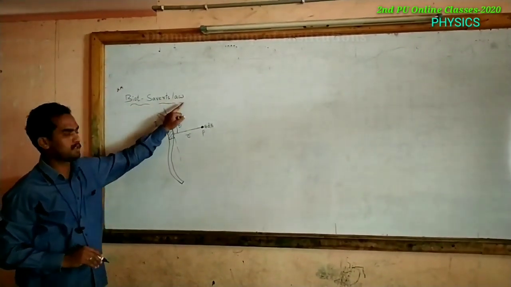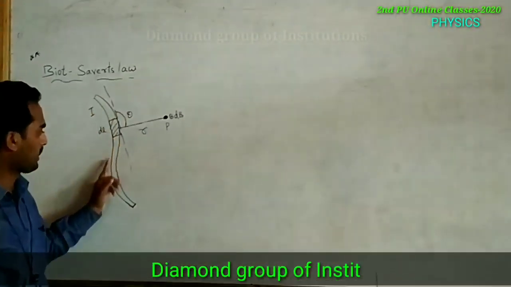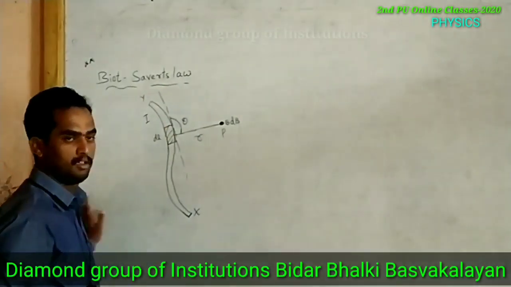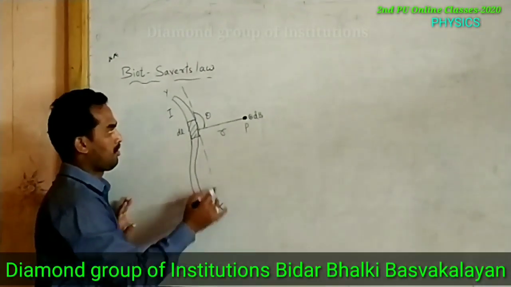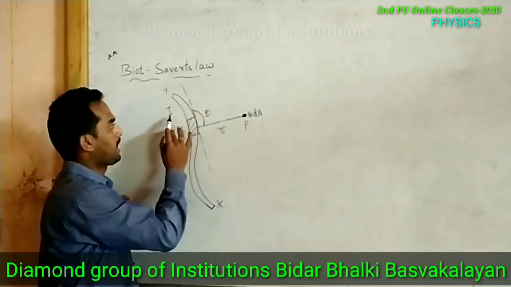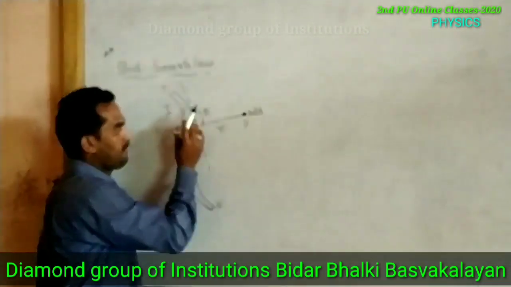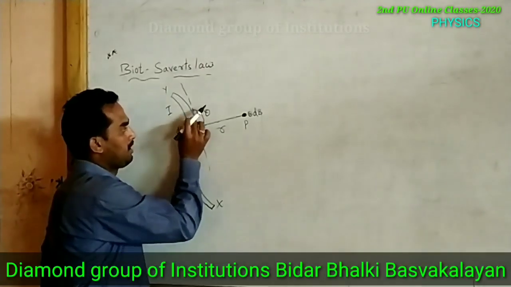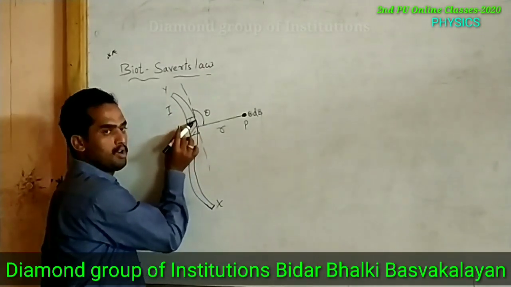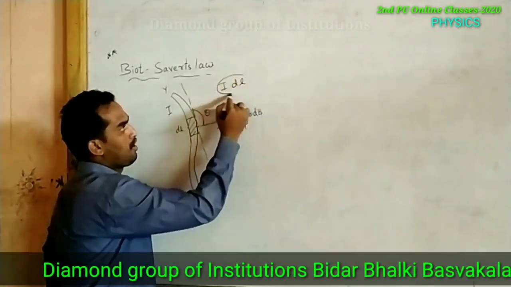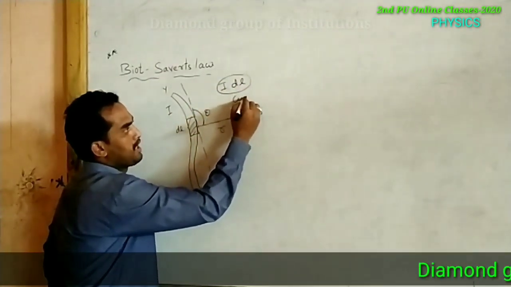See, Biot-Savart's law. There is a conductor called XY. How much current is flowing here is I, and here we consider a small element, a small length called dl, and the product of I and dl is called the current element.